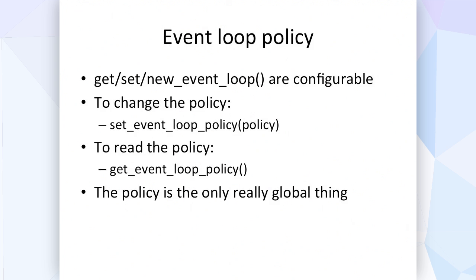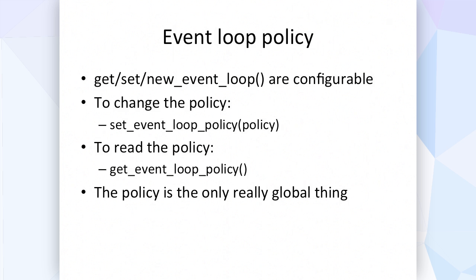Because not everybody agrees on this, sometimes the event loop is actually created by the system and it already exists and is already running by the time your code gets control. There's actually something called an event loop policy. The event loop policy is just a global object. You can set it with set event loop policy.